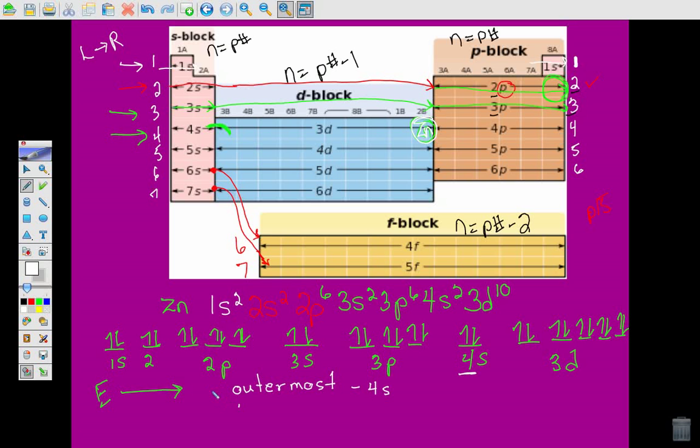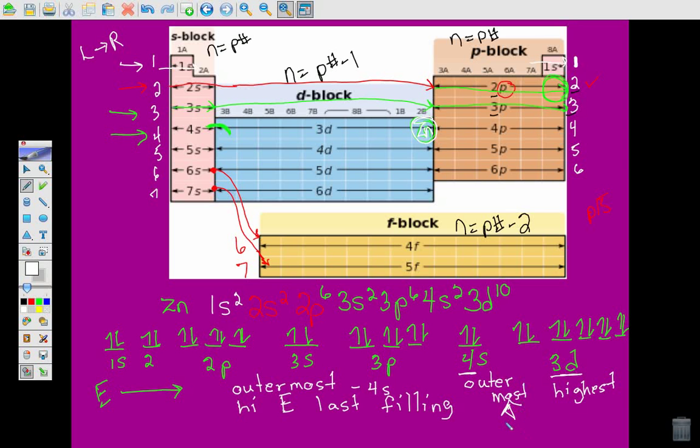I want you to just write this down. It's not quite in your notes, but I think it's going to be very helpful. Our highest energy electrons are the last ones we were filling, and that would be our 3d. So these are our highest in energy. Our 4s are our outermost.